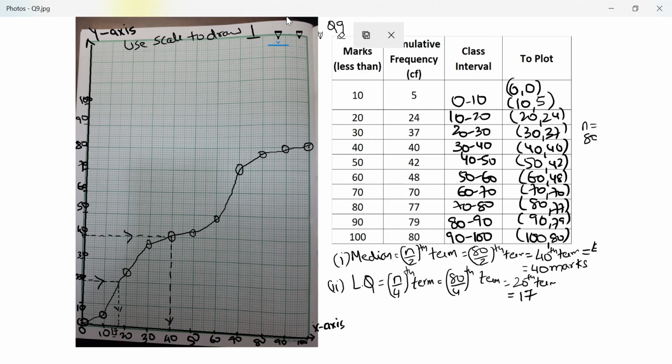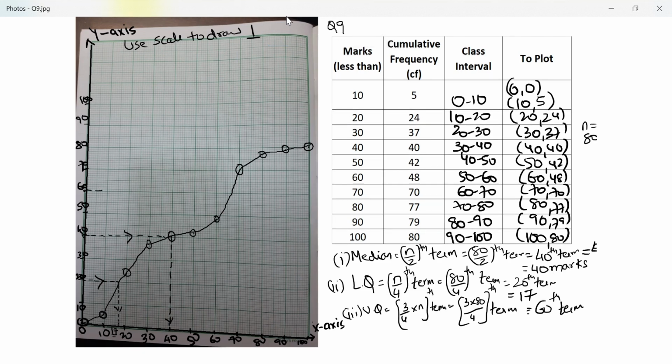Next, I'm looking at the upper quartile. So the upper quartile is the 3 by 4 into nth term, which would be 3 into 80 upon 4th term, which is the 60th term. Let's look at the 60th term. This is where my 60th term is. I draw a perpendicular from here onto the ogive. Wherever I reach, I draw a perpendicular down to the x-axis.